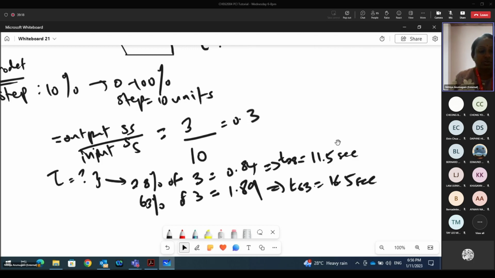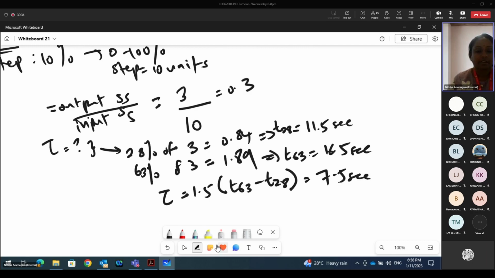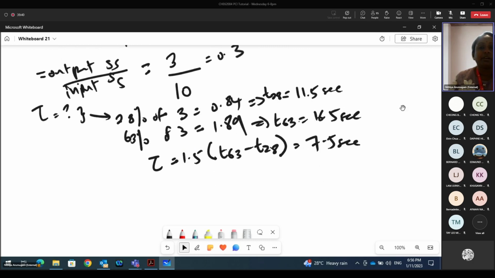Okay, with these two values we actually can calculate the tau. Tau will be 1.5 times T63 minus T28, and we'll be getting 7.5 seconds. I just put SEC because if I put S, you're going to confuse it with the unit step change. All right.